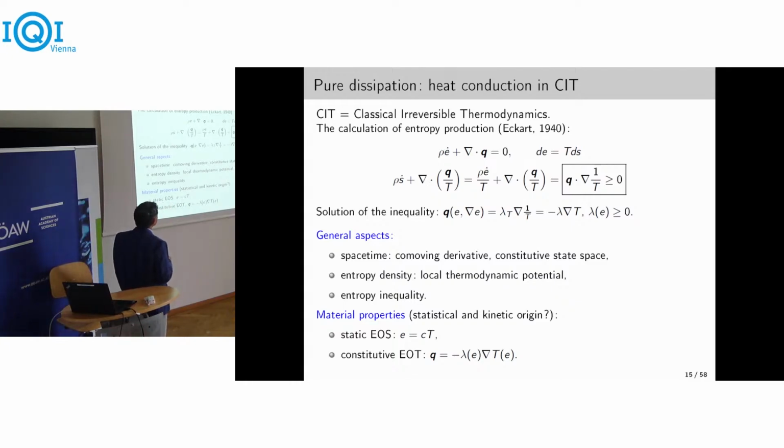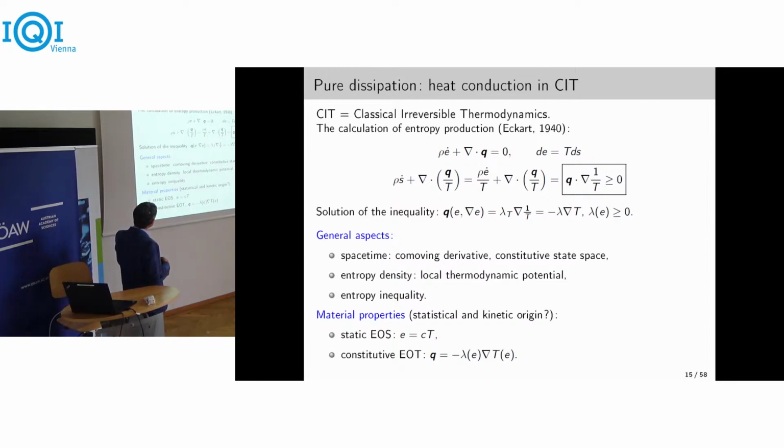I will go into the details in the next slide. What is important here is that we derive the inequality and solve it assuming a linear relation between the different quantities, and then we obtain the required constitutive information that we substitute back here. There will be the equation that solves the heat conduction.